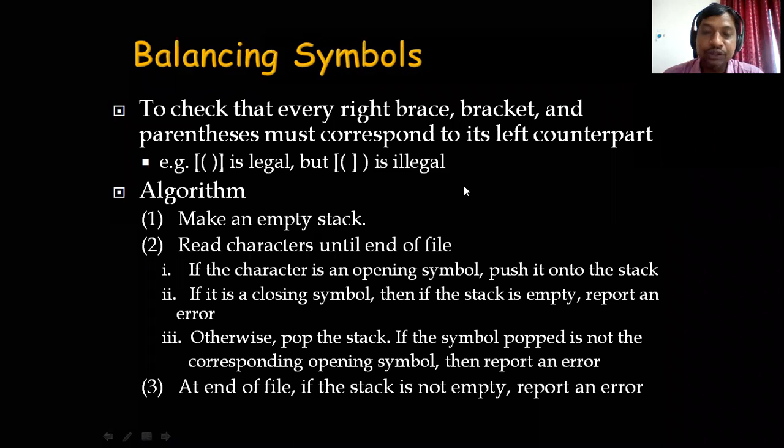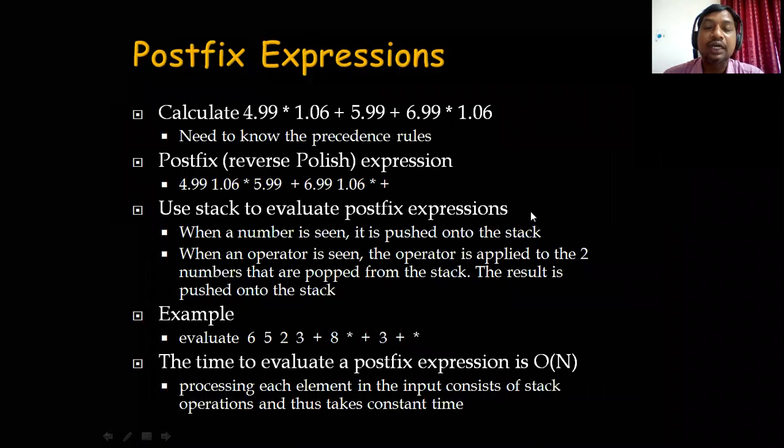In today's lecture, we are going to see another application called evaluation of postfix expressions. This can be done through stacks. Before seeing how to evaluate postfix expressions, let us give a brief overview of what a postfix expression is.